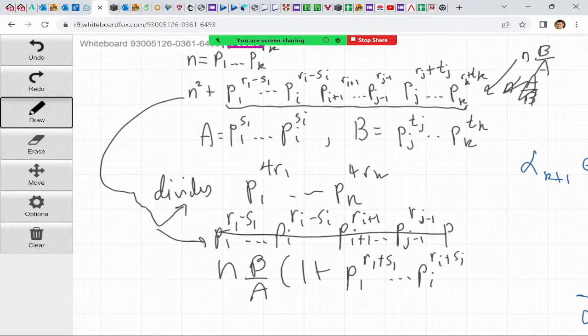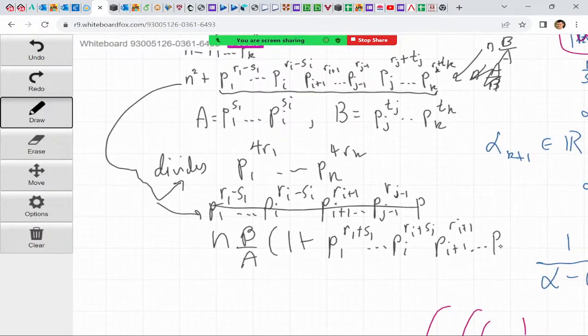And the stuff in the middle stays the same, and the stuff at the end becomes Rj minus Tj.